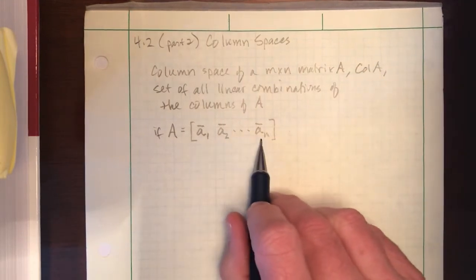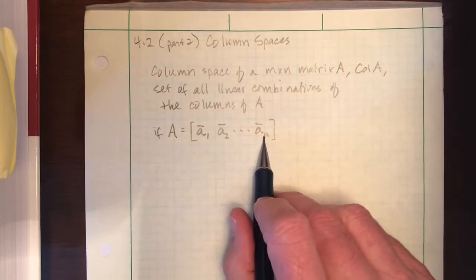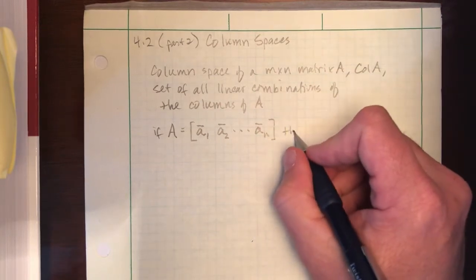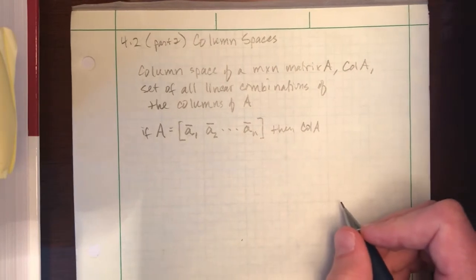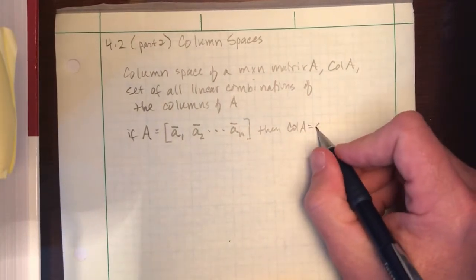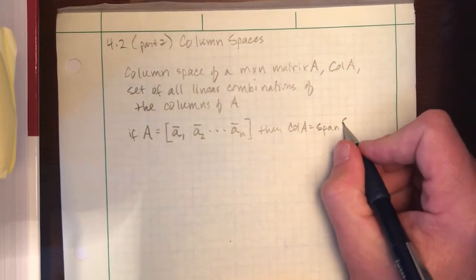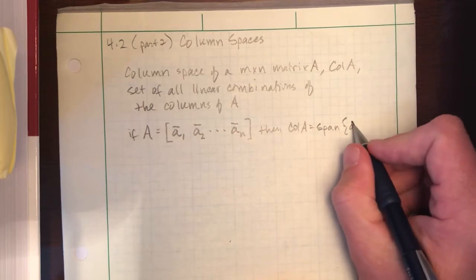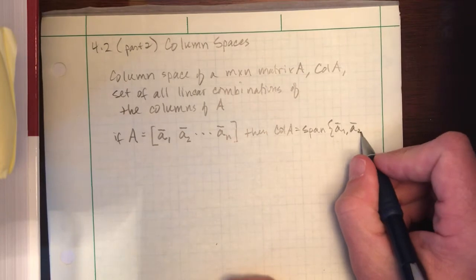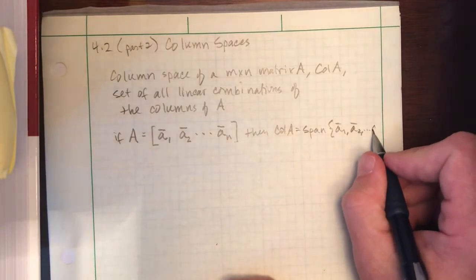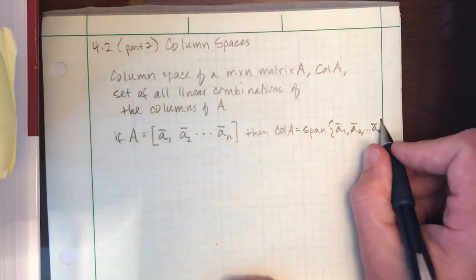So again, this is a matrix of column vectors. Then the column space of that matrix is just the span of all those vectors, A1, comma, A2, comma, all the way to An.